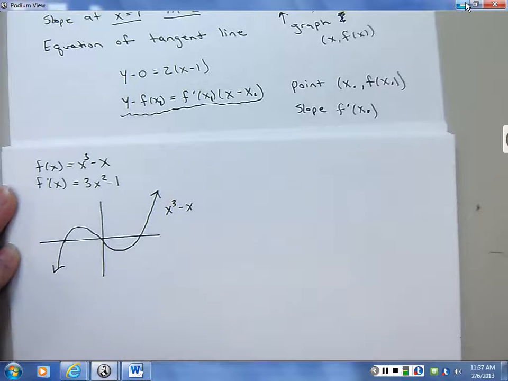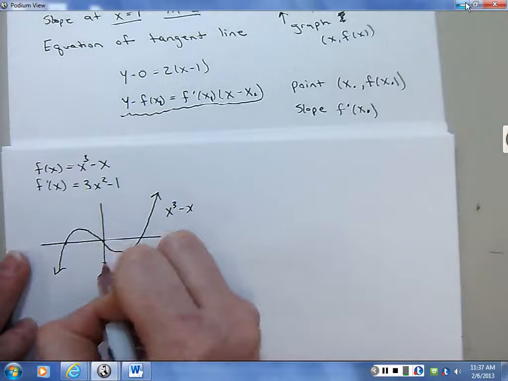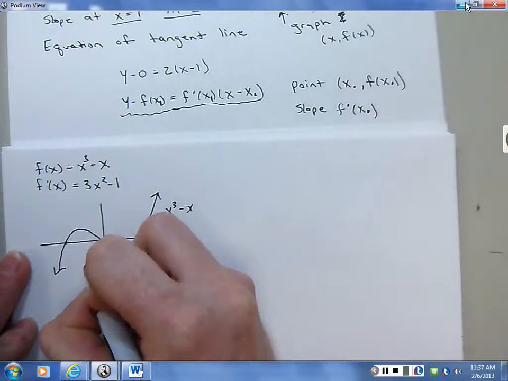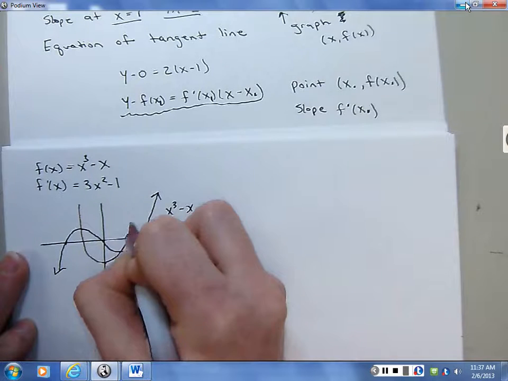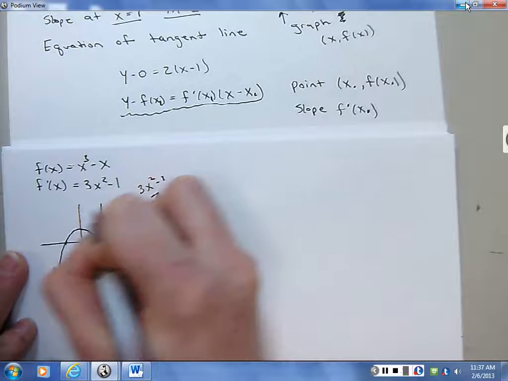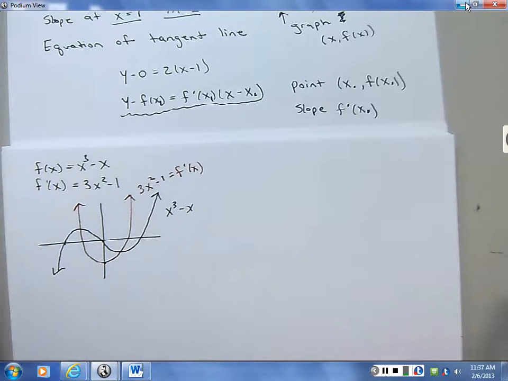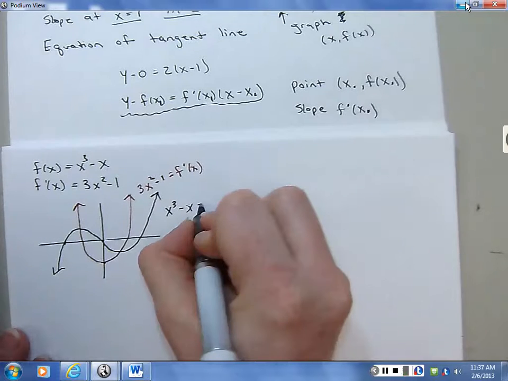If I graph the quadratic, this is a quadratic shifted down one. Turns out I have a function like this. This is 3x squared minus 1. So this is the derivative, and this is the function.